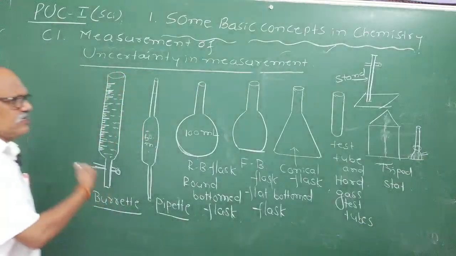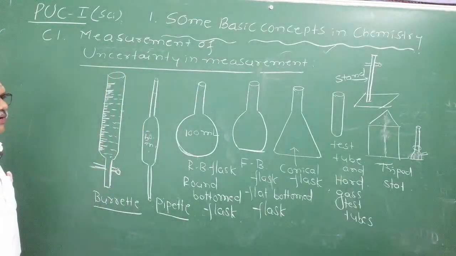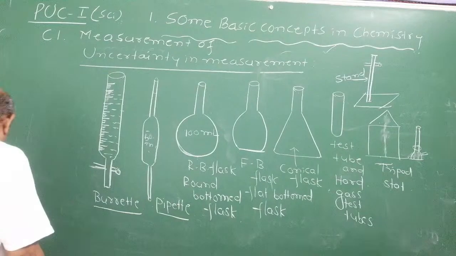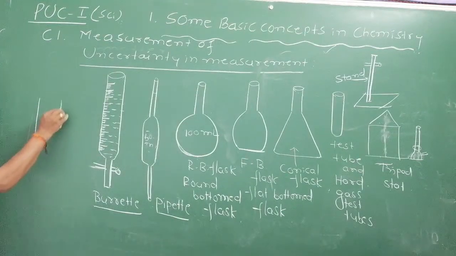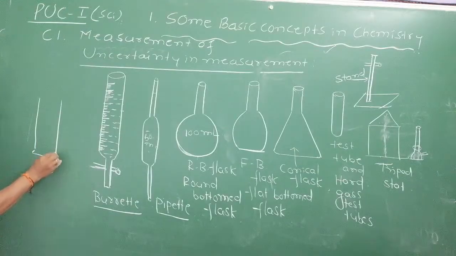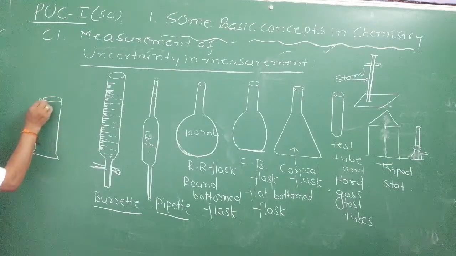Balance will be there. These are some of the apparatus you are using in the laboratory. Generally, they are used for measuring. Like this, you will have the measuring cylinder. You can measure the liquid in it. It is a measuring cylinder.